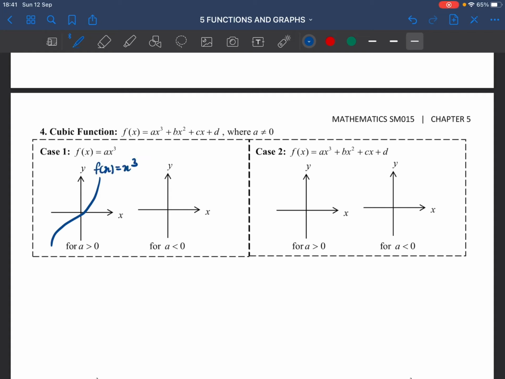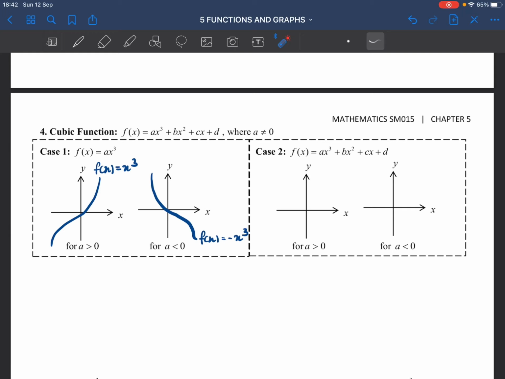Let's say if we have our A negative, that should be like this, daripada kiri ke kanan. Okay, fx equals to negative x cube. Kalau positif atas kanan, kalau negatif atas mesti start daripada kiri. Okay, so that is for case 1.